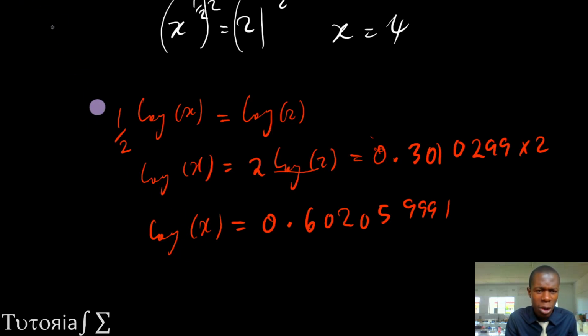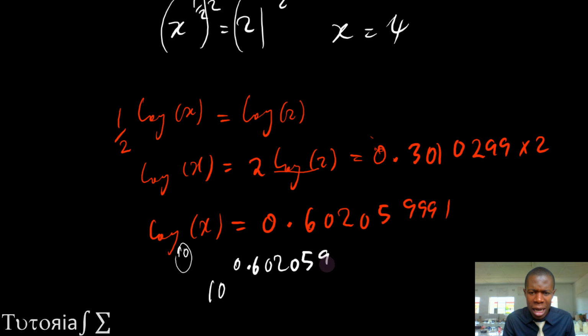Now from here we can convert this to index form. So that is another method. So in index form, we know that this is to base 10. So there is a base there. So that is base 10. So basically, you should know that if there is no number there, then it is in base 10. So this is simply 10 raised to this power. So that is 10 raised to the power 0.60205991 equal to x. And when you raise that, let me just raise that.